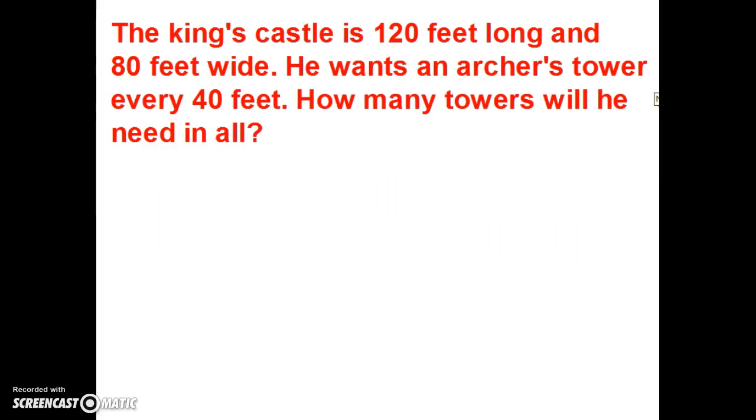So let's try one out. The king's castle is 120 feet long and 80 feet wide. He wants an archer's tower every 40 feet. How many towers will he need in all? In my mind, I'm just seeing really fast, so I'm not even going to put the numbers up. He's making a castle, and he's going to put some towers for the archers, the guys with the bow and arrows, every once in a while.